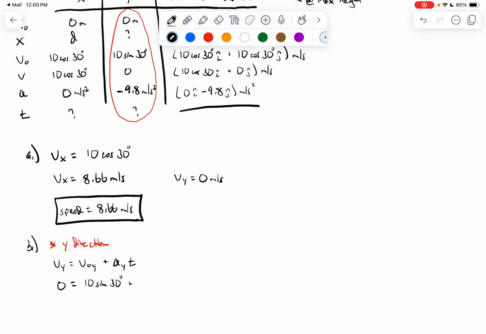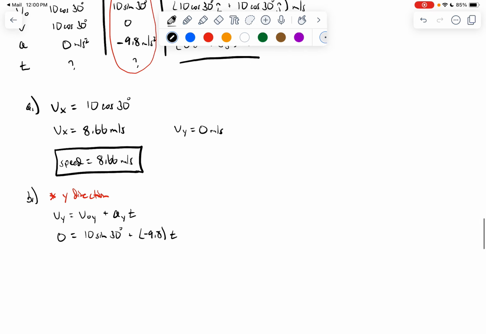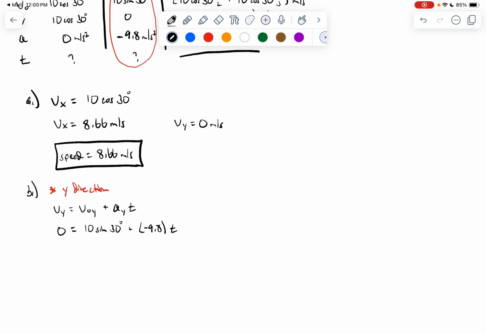Then we're adding it to our acceleration, which is negative 9.8, multiplying this by t. So simplifying this a little bit, 10 sine 30 degrees is going to give us 5. If we add over our 9.8t to the left side, we'll have 9.8t is equal to 5. Divide both sides by 9.8. We're going to get a time of 0.51 seconds.